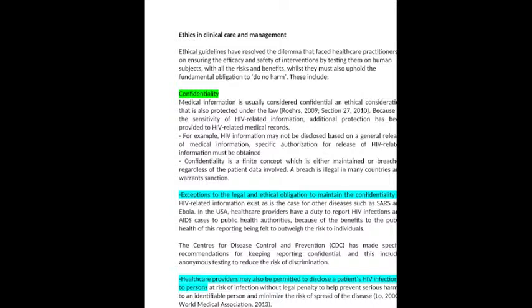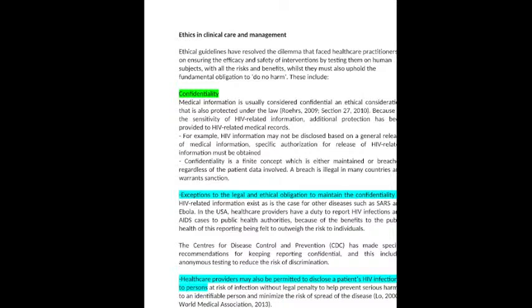There is a person who can say, I don't want to be tested. That is a right, individual autonomy. But we have said that can be compromised. So there are certain other ethical considerations in clinical care and management, whereby as we care for the victims, we need to look at certain aspects.